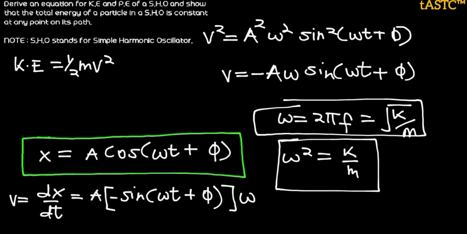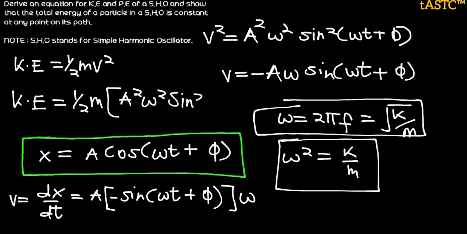So therefore, the kinetic energy is going to be written as 1 over 2 mass multiplied by this stuff, which is A squared omega squared, and that will be sine squared of omega t plus phi.